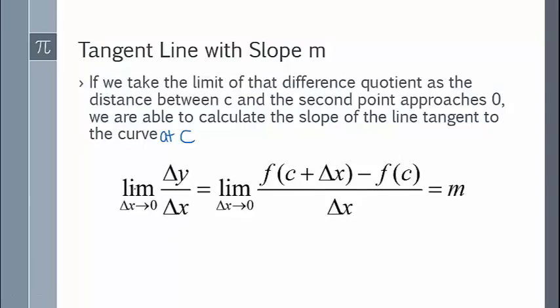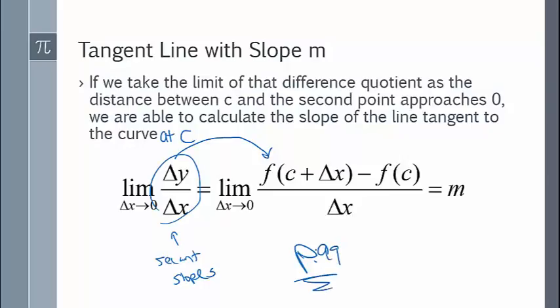It's the limit as that distance approaches 0 of all my secant slopes. That's what delta y over delta x is representing here. These are the secant slopes, which then I broke down, and your book also breaks it down, into the difference quotient that I talked about in the last slide. This definition comes from page 99 of your book. There's some pictures there as well if you want to take a look at them.